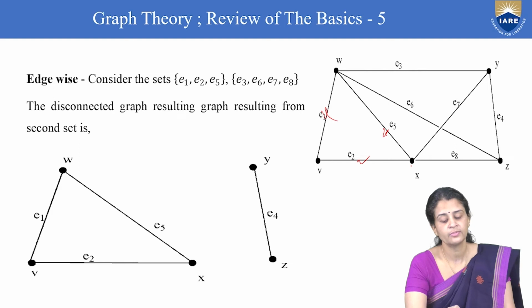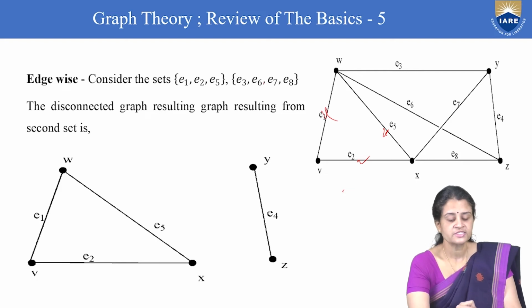E3, E6, E7, E4 and E8 will be there. Then these three edges will be removed and this vertex will be in another part, called an isolated vertex, and this graph will be considered as two components with one isolated vertex.